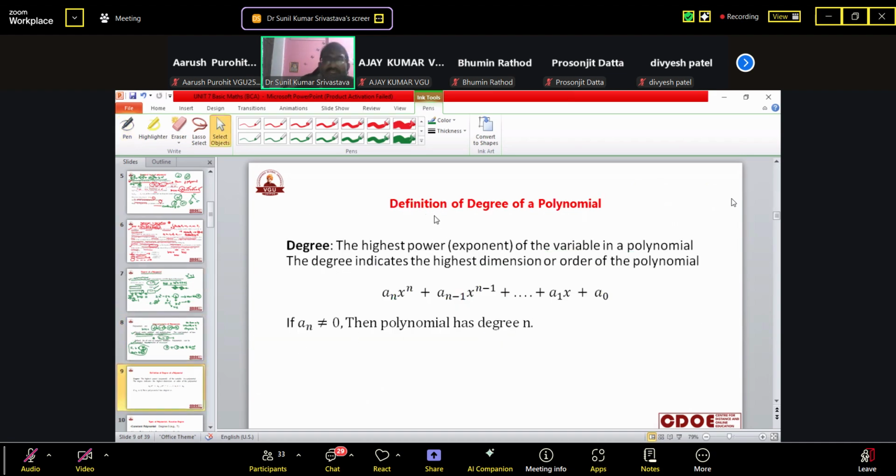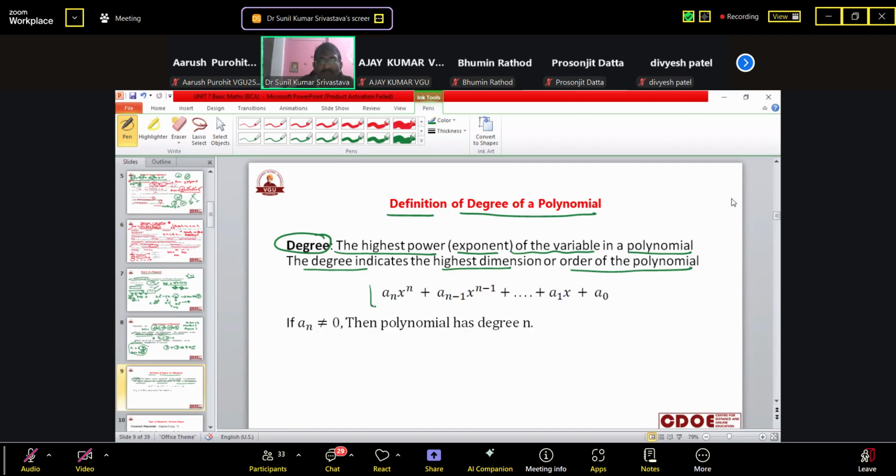Now, the definition and the degree of the polynomial, which we have already discussed in detail. Degree is the highest power or exponent of the variable in the polynomial. The degree indicates the highest order of the polynomial.